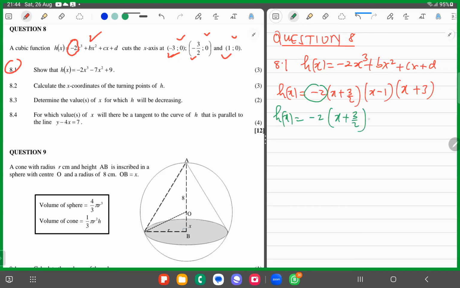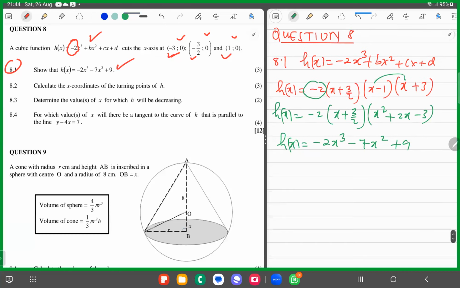So you have 3 over 2, and then you have x by x, which is x squared. Multiply this is going to be plus 2x minus 3. Multiply everything, which means h of x is minus 2x cubed minus 7x squared plus 9. That's exactly what they said we had to show there for 3 marks.